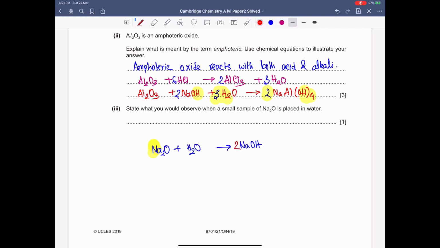The equation is balanced. So obviously the solid disappears here, it turns into aqueous. And another thing to observe here is that the formation of NaOH will be exothermic. However, if you haven't done the reaction, you wouldn't know that. So the solid disappears.